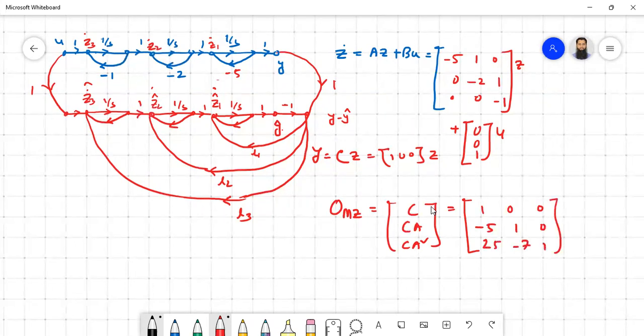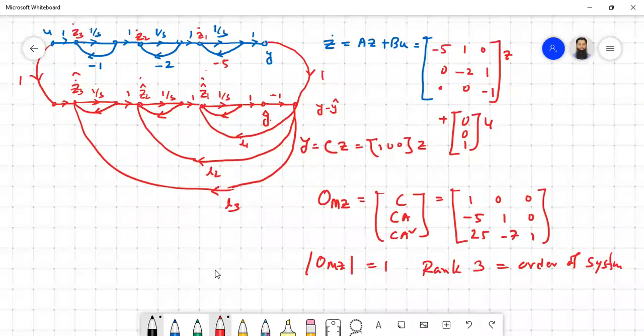If you find the determinant of this matrix, it will be 1, and that is why the rank of the matrix is 3, which is the same as the order of the system. Okay, so the system is observable.